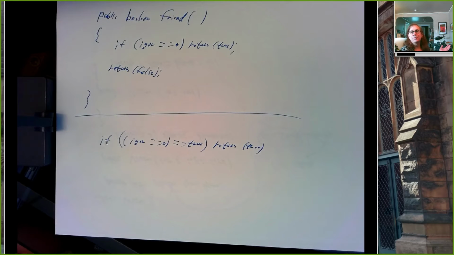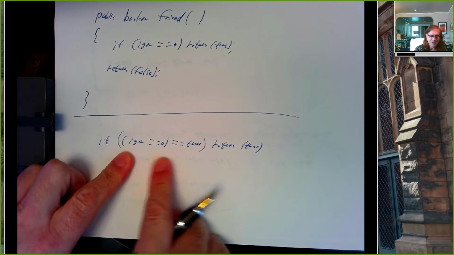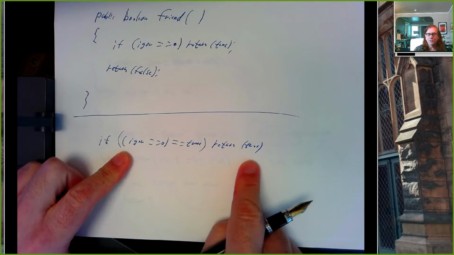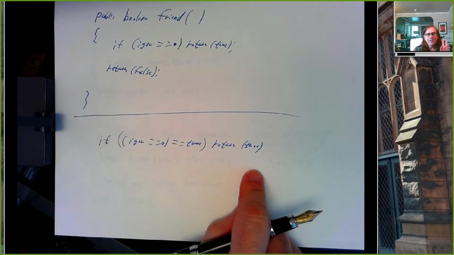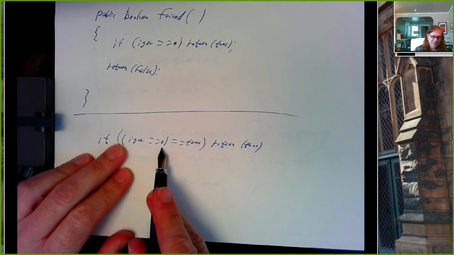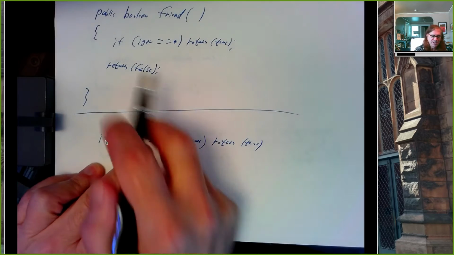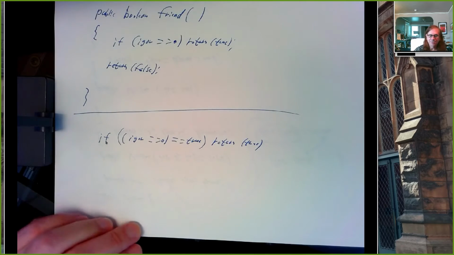That works great, right? If Igor equals 0, if this statement is true, then return true. That compiles fine, it runs fine, but it's a little superfluous, right? Because you're saying if this is true, well, if this is true, you can just put it inside an if statement like that.